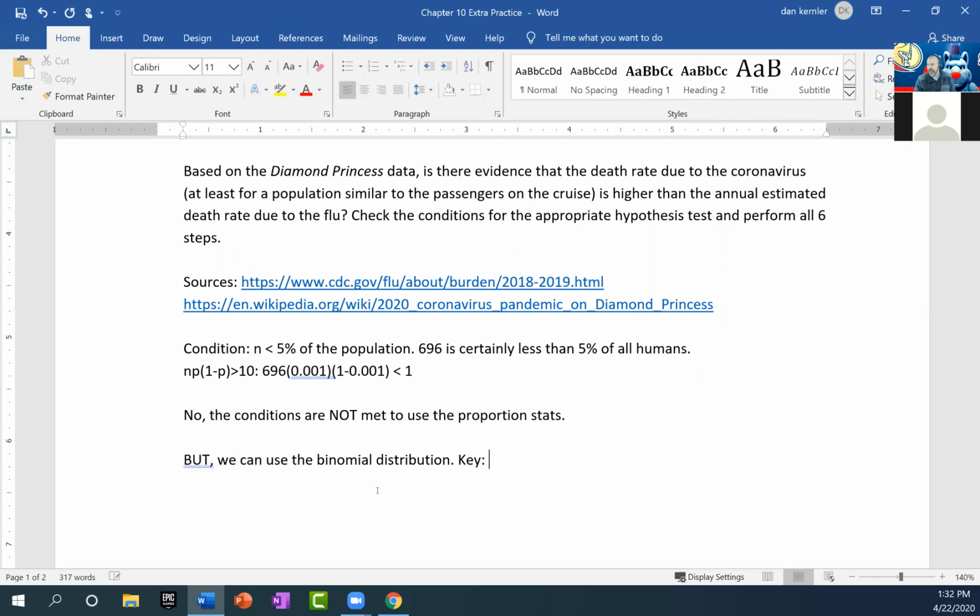The key is that the p-value is the probability of observing our results or more extreme if the null hypothesis is true. That's the definition of the p-value. So our step one is to set the null hypothesis.